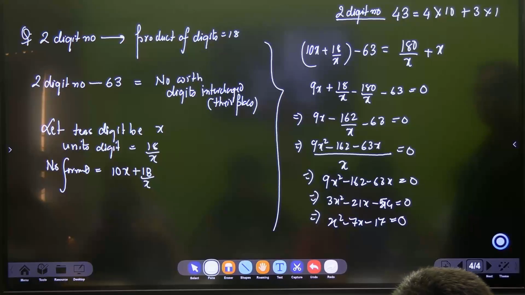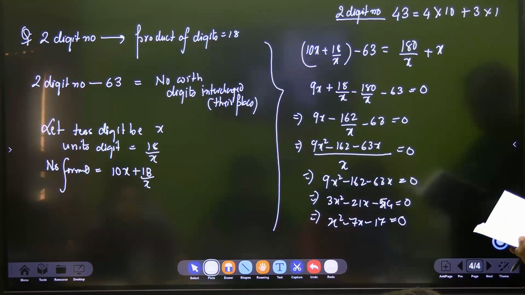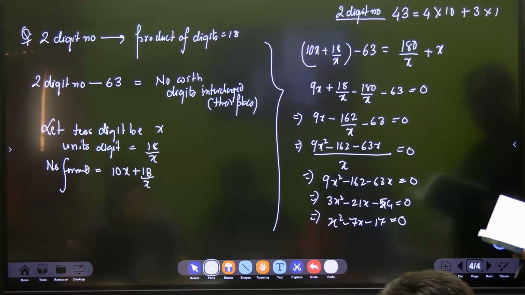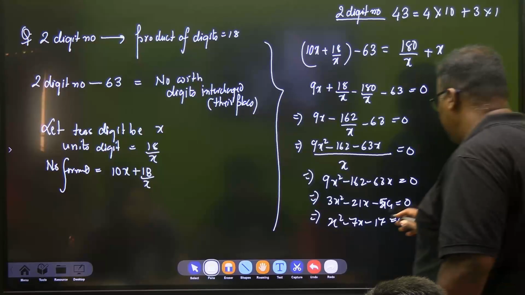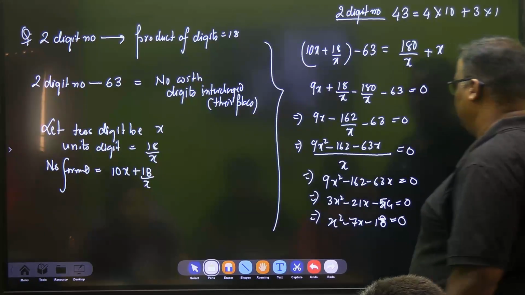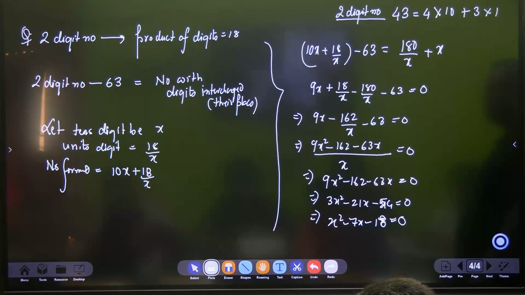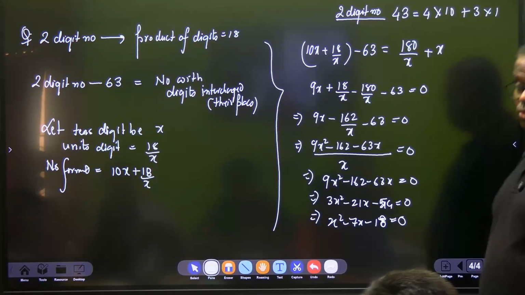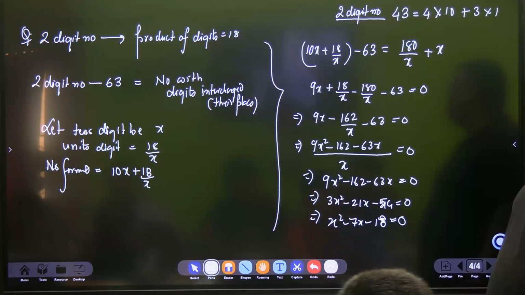Check from your own side. x square minus 7x minus 18. Yes, sir, it is 18. Now you try to factor 18. How will you get it? 9 2s are 18, and 9 and 2 can give a difference of 7.